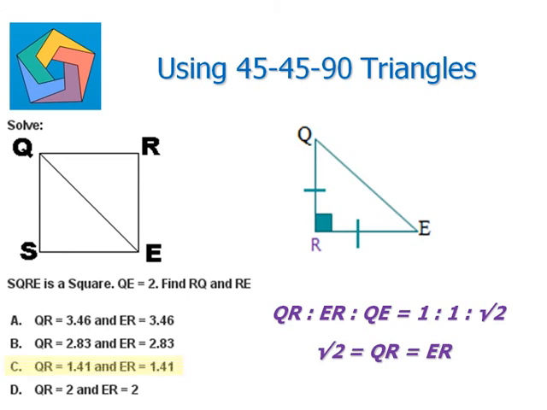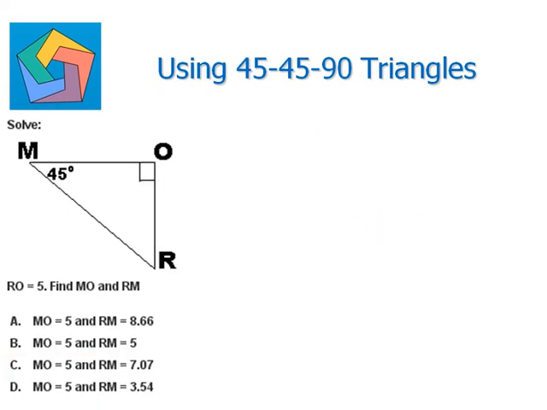So our correct option here is option C, where QR equals 1.41, that is actually square root of 2, and here also it equals 1.41. Let's go on to the next example.